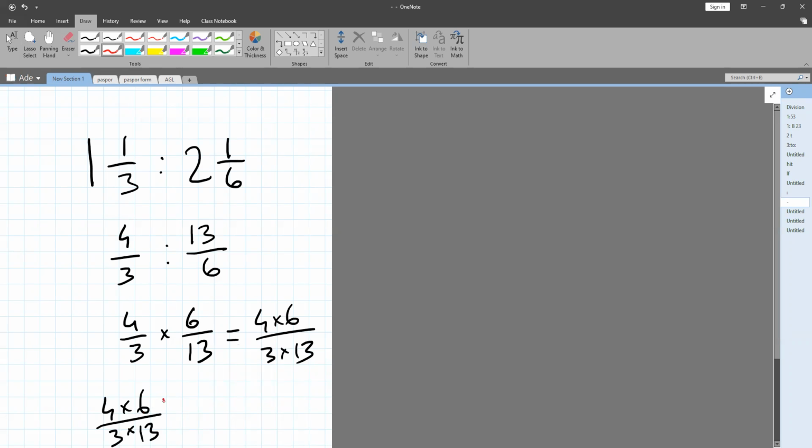You divide them by 3, and what you get here is 2, and then this is 1. So 4 times 2 makes 8, and then 1 times 13. 8 on 13. That's my new answer, because before I got 12 on 13, but now I changed it.